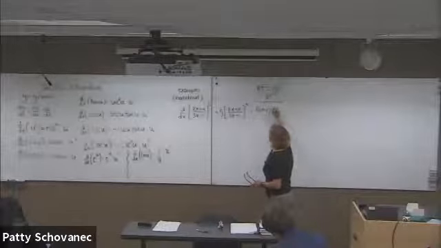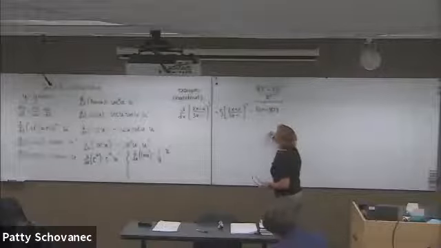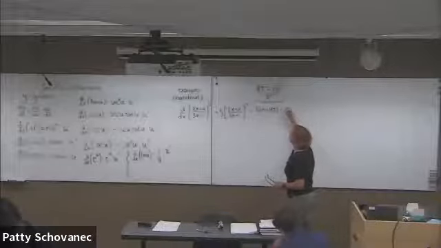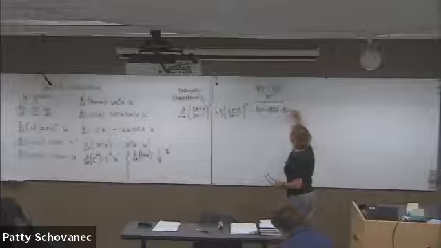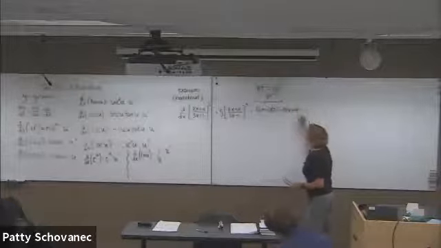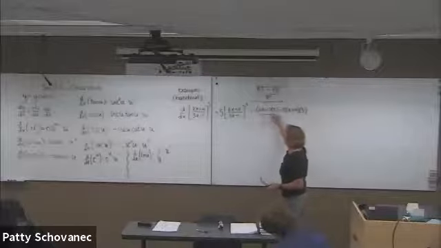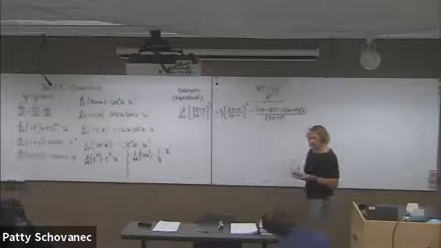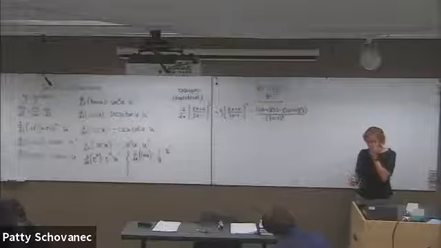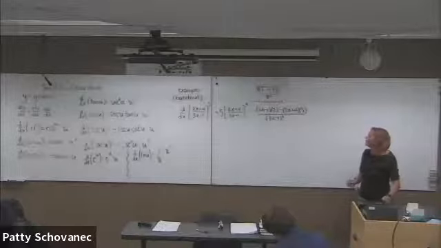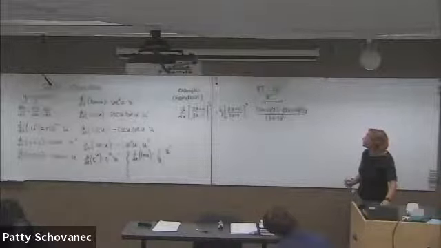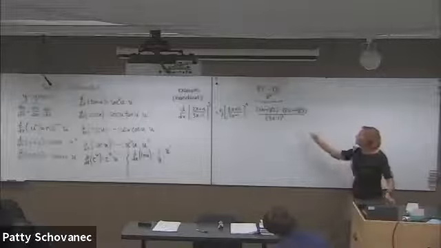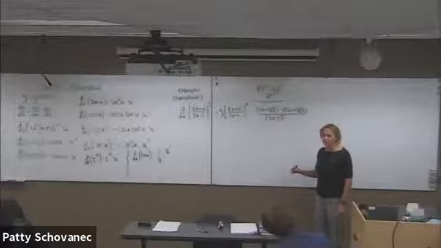Derivative of the top is just a 2. And the other way, 2x plus 4. And the derivative of the bottom is a 3. And then all of that divided by 3x minus 1 squared. I think I will simplify this just a nudge. I'm going to multiply the stuff out on top and gather like terms.